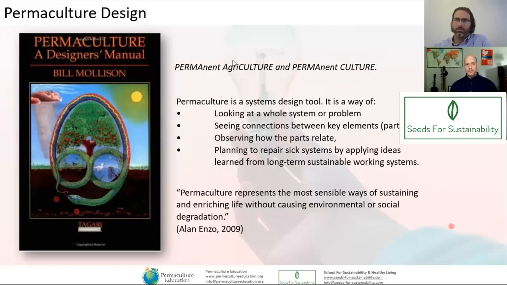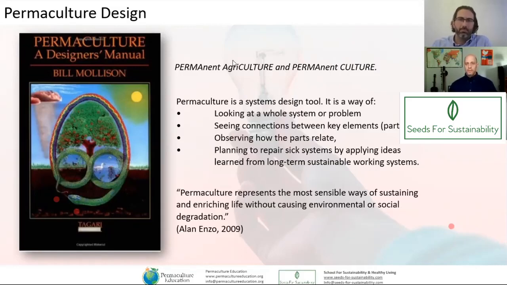Now, in the 70s, when we had a lot of intentional communities and eco-villages popping up around the United States and the world, people were looking for a different way to live. And the first thing they needed to figure out is, how are we going to grow our own food?